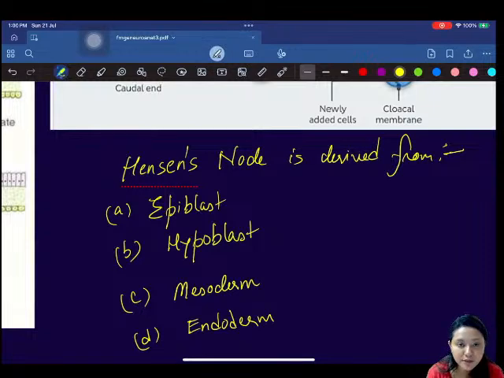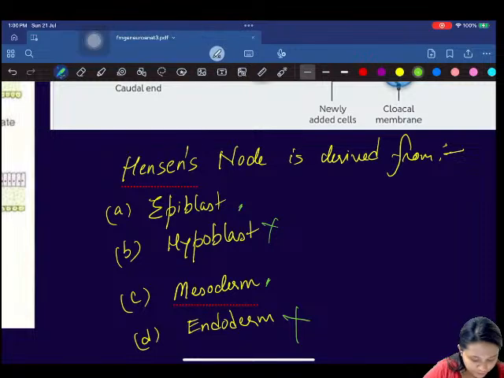Now there are two confusing things in this question. You know that it is not endoderm, and not hypoblast either, but you are confused between mesoderm and epiblast. The answer is not B. Hypoblast is not giving rise to Hansen's node.